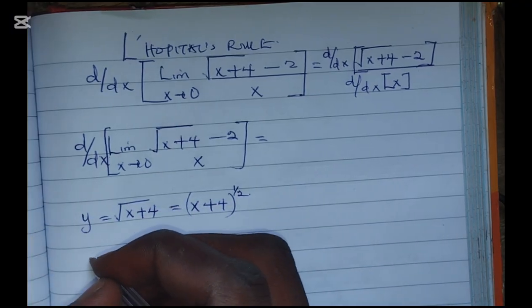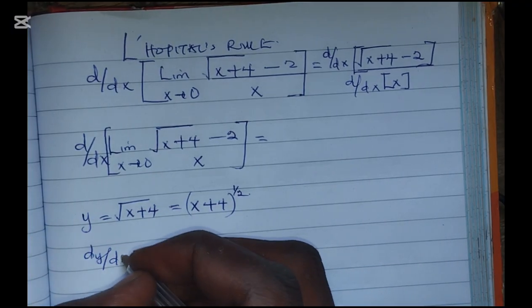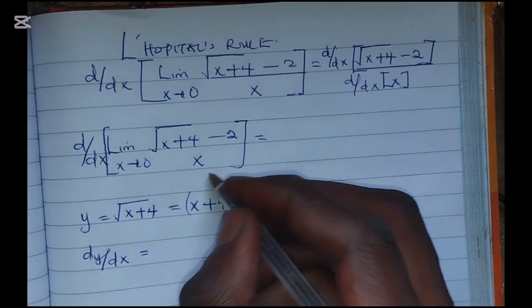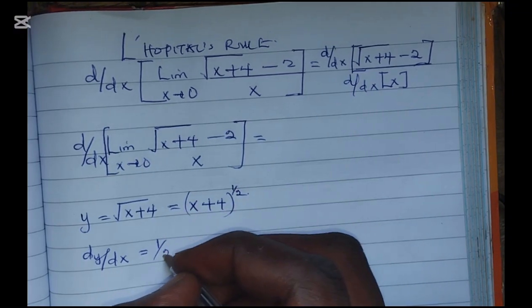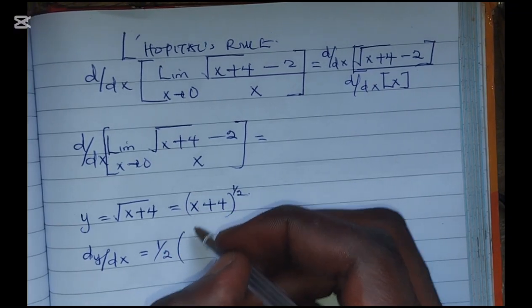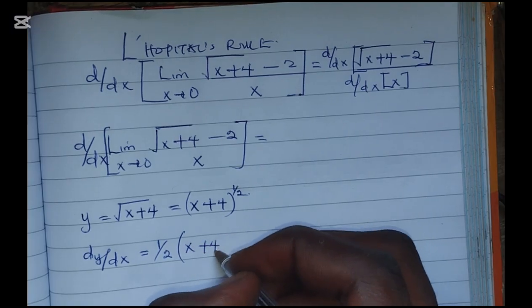So we have dy over dx equals this 2 comes back down to be this, and we have this left here, x plus 4.